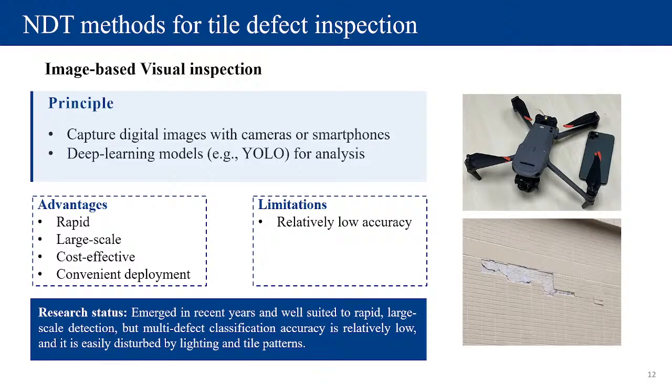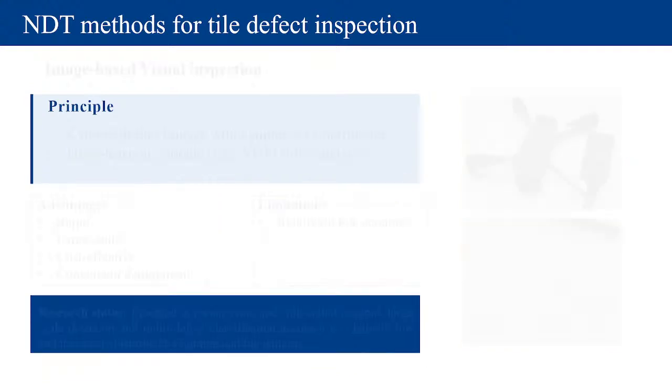Image-based visual inspection is suitable for rapid, large-scale detection, and it is cost-effective and convenient to deploy. But in current research, using this method to detect one single defect could reach high accuracy, but when classifying multiple tile defects at the same time, the accuracy would decrease.